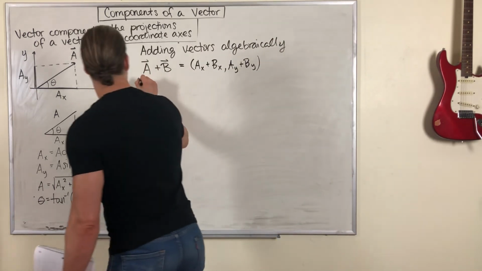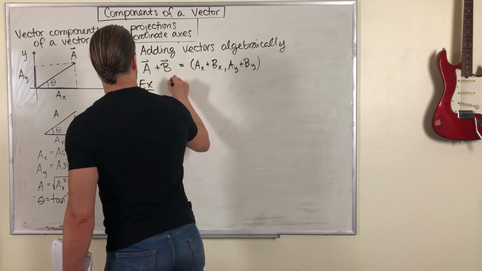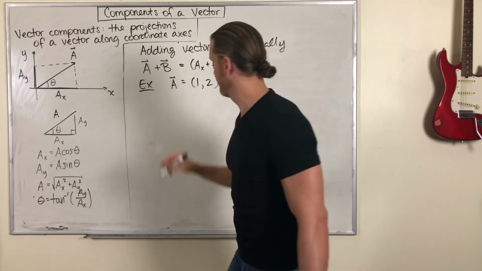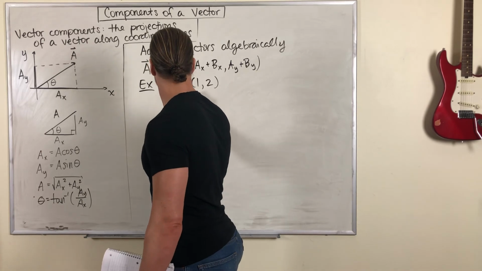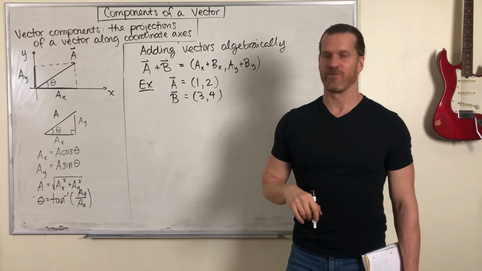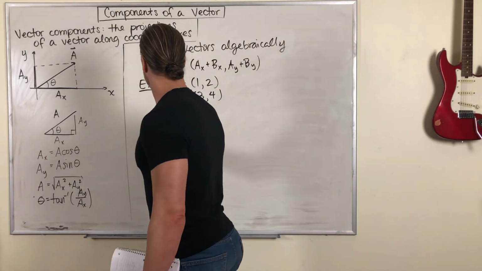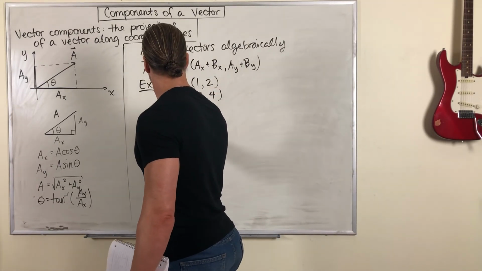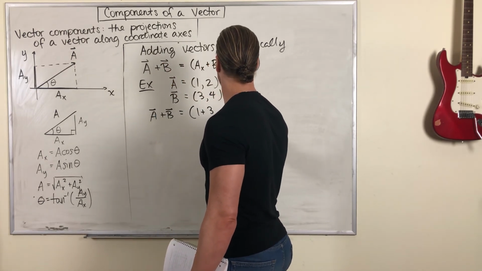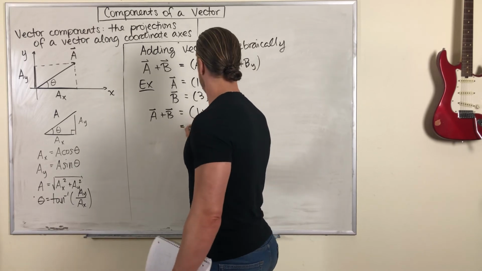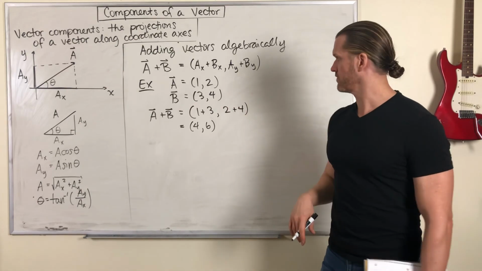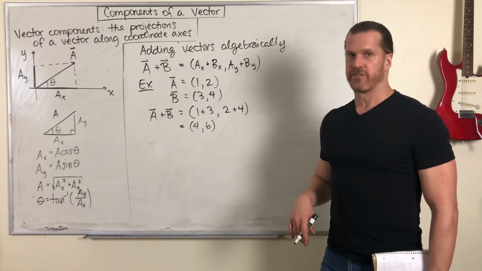So for example, let's say vector A equals 1, 2 in component form. Vector B equals 3, 4 in component form. Then A plus B equals 1 plus 3, 2 plus 4, which is 4, 6. Super easy to do.